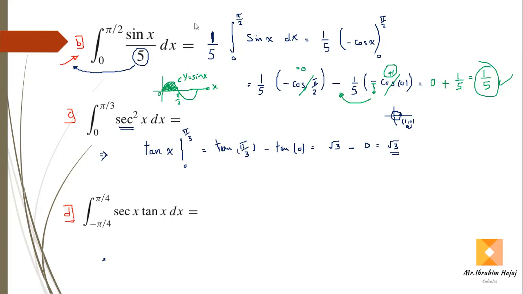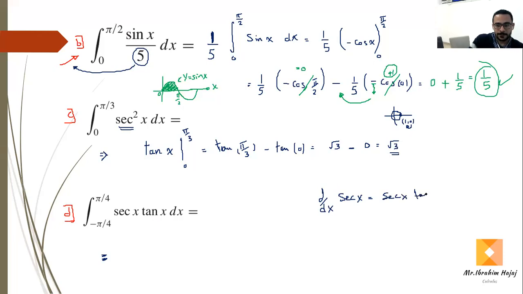Who is this? There is one who entered with the name, first sec x. Which function did we take the derivative of? The derivative of sec x was sec x tan x, here it's the opposite. The integral from negative pi over 4 to pi over 4 of sec x tan x is sec x.